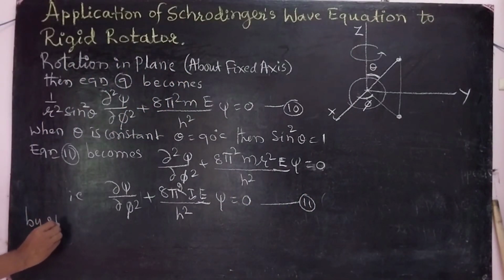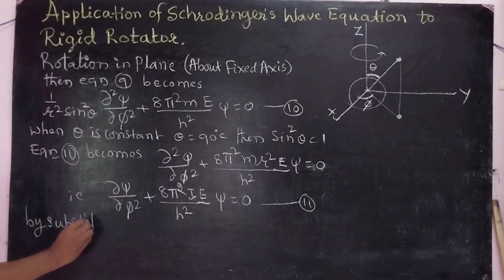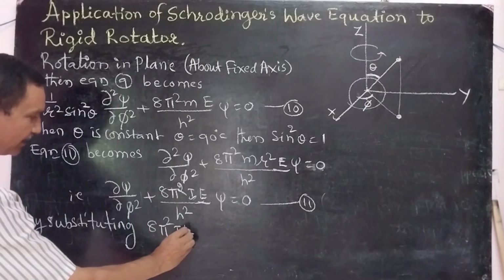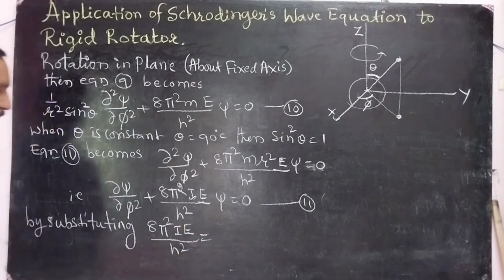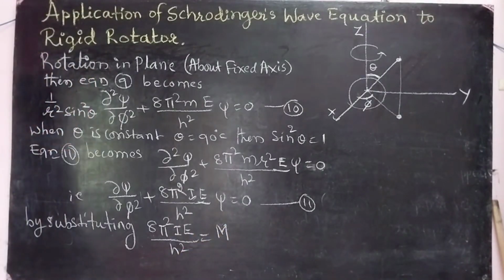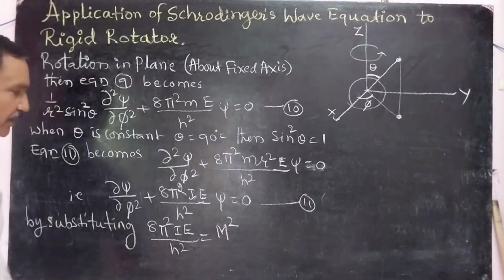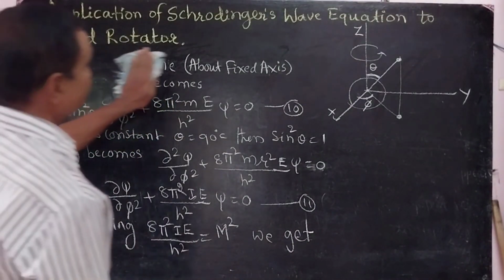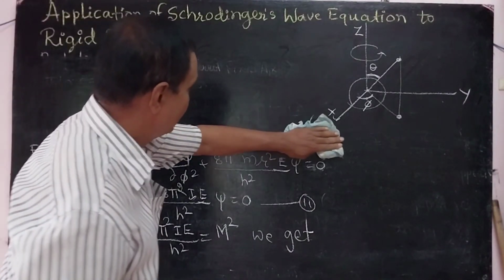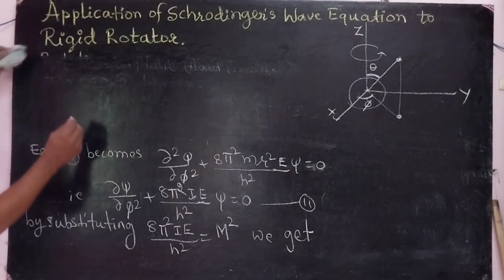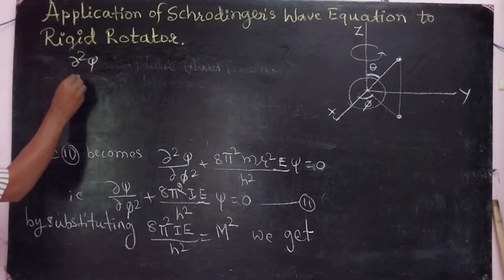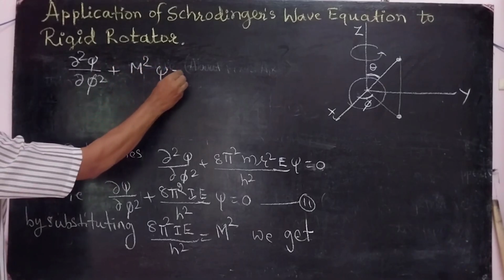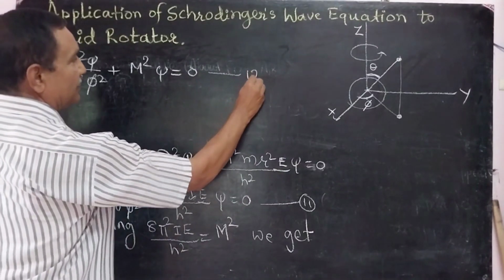By substituting 8 pi square I E divided by h square equal to m square, a constant, we get the equation dou square psi divided by dou phi square plus m square psi is equal to 0. So this is the equation.